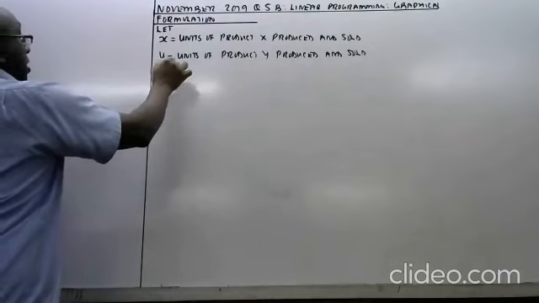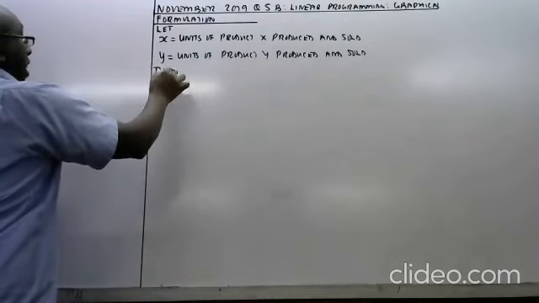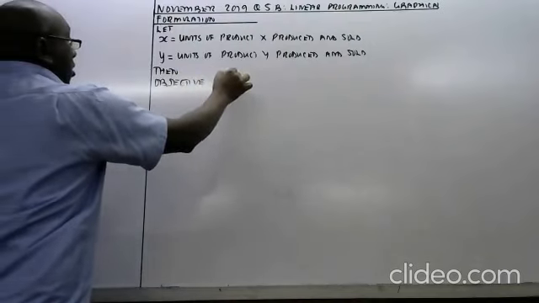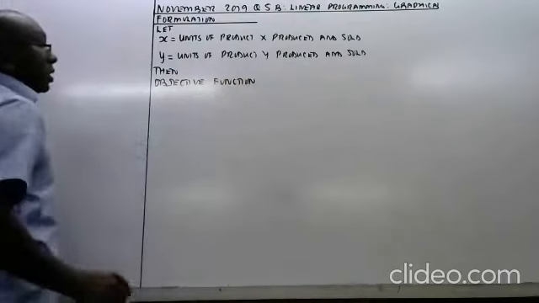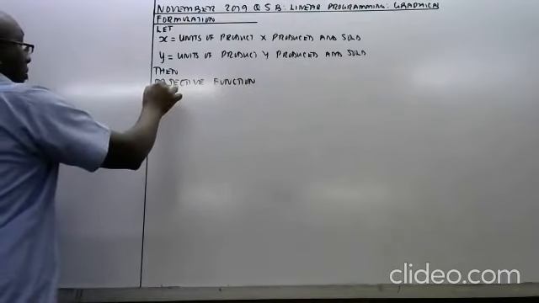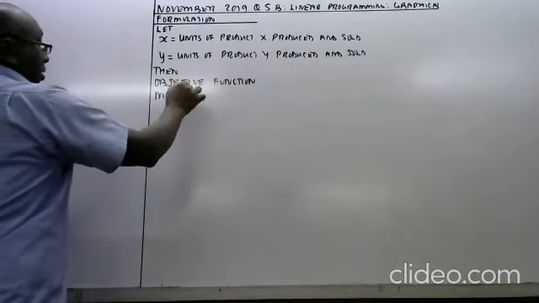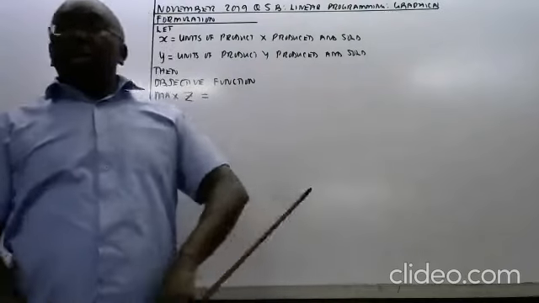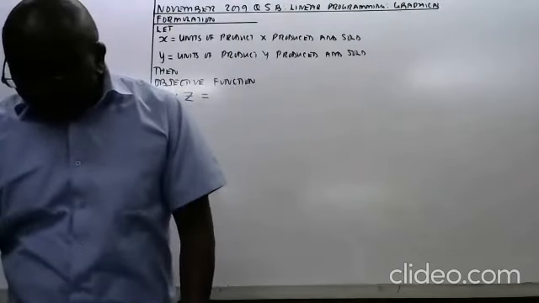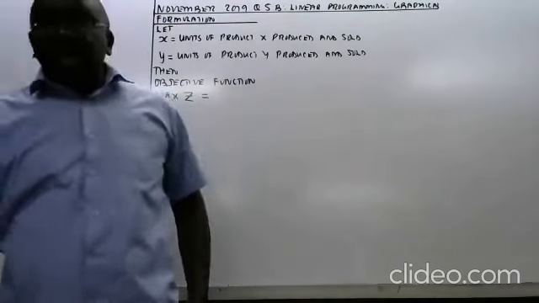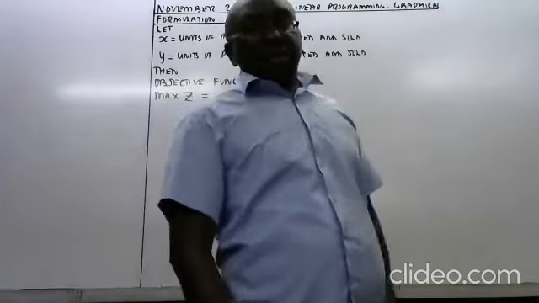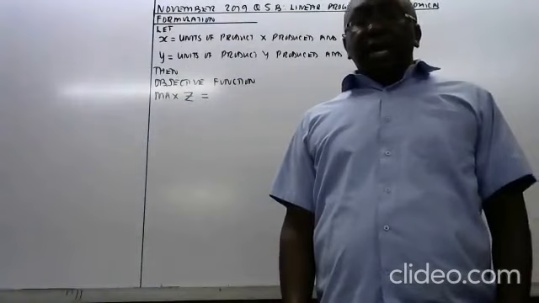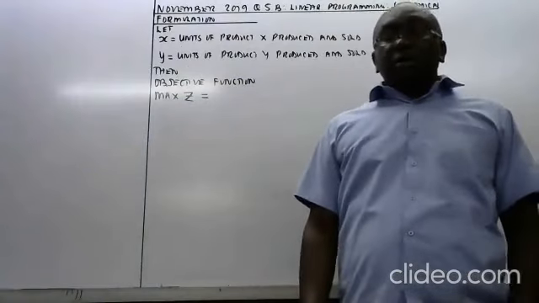Then the objective function. The objective function is to maximize sales. So I need you to tell me the contribution margin of product X. And remember, contribution margin is the selling price minus variable cost.